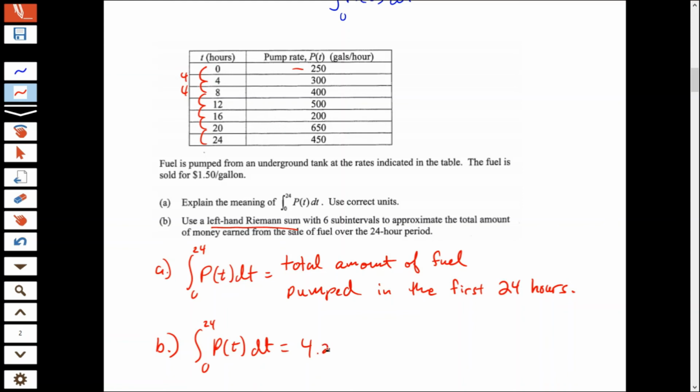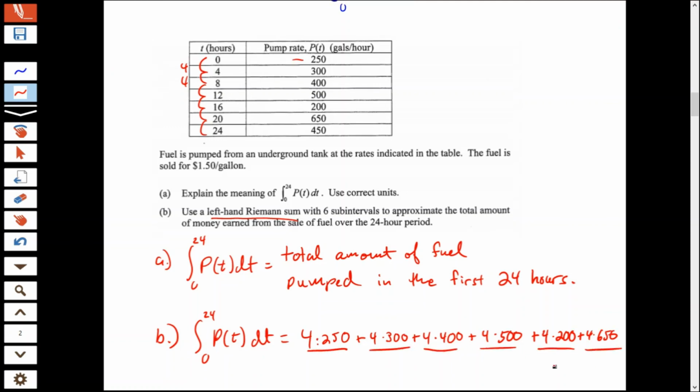So 4 times 250 plus 4 times 300 plus 4 times 400 plus 4 times 500 plus 4 times 200 plus 4 times 650, and that is our 1, 2, 3, 4, 5, 6 rectangles, which, calculating that one up, I ended up getting 9,200 gallons.